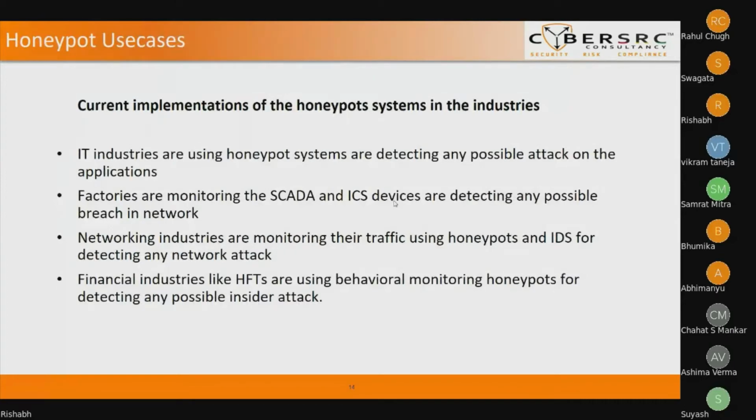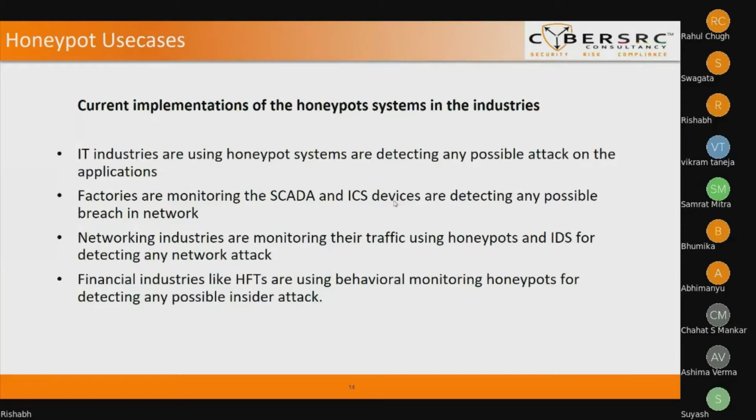So with all of these good points about honeypot systems, or you can say the merits of using a honeypot system, currently industries are using honeypot systems in various different ways, and let me present some of them. IT industries are using honeypot systems for detecting any possible attack on their application. Factories are monitoring their SCADA devices and ICS devices for detecting any possible breach in their network.